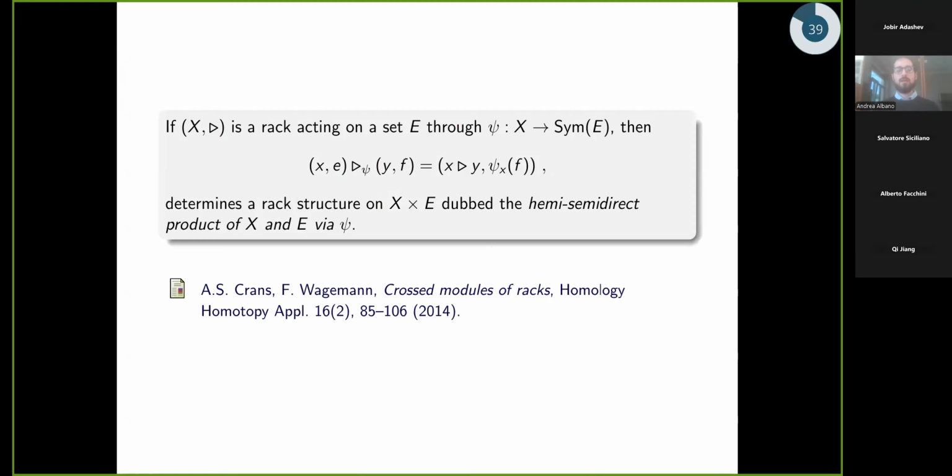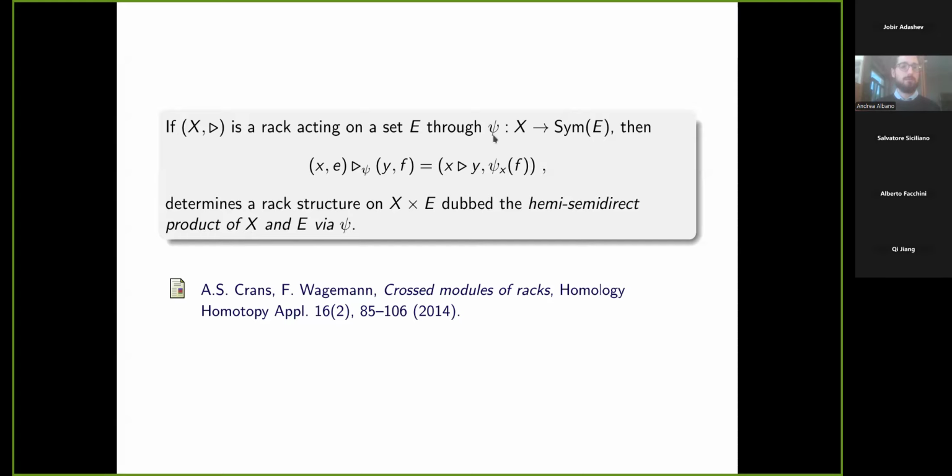Now, this first ingredient is based on a similar notion from a paper by Kranz and Wegman, where they use this notion of action to construct the so-called semi-direct product of a rack and a non-empty set E on which the rack acts via an action psi.